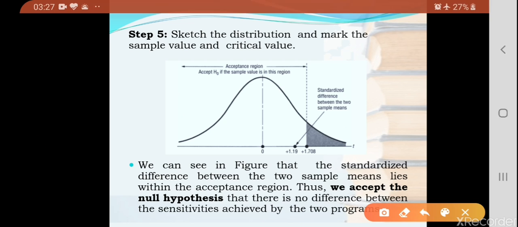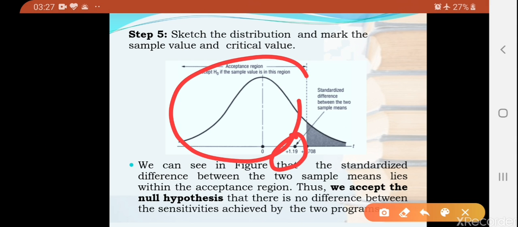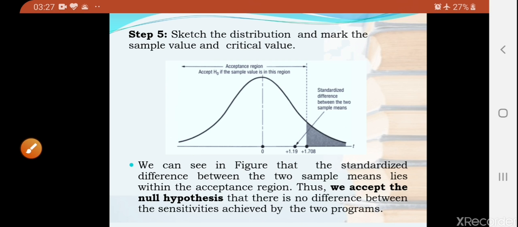So this is 1.19, this is in acceptance region. So we can say that we accept the null hypothesis that there is no difference between the sensitivities achieved by the two programs. We will do one numerical on it.